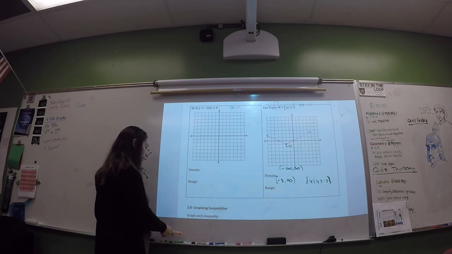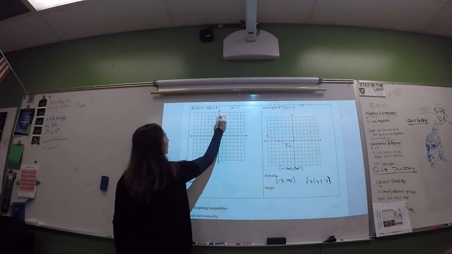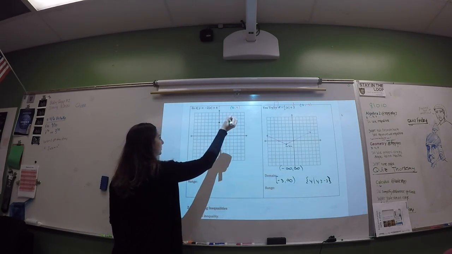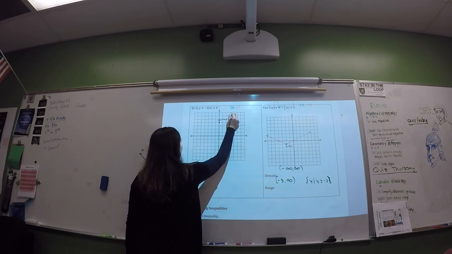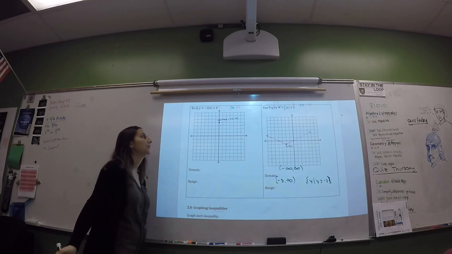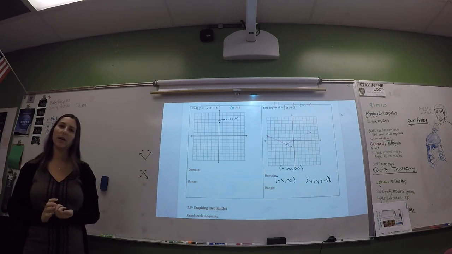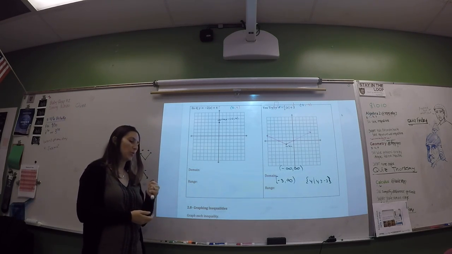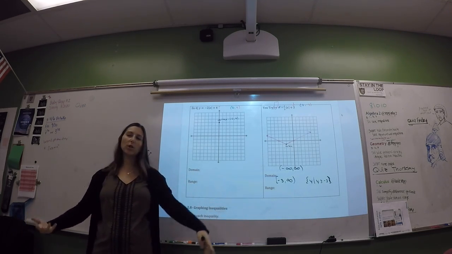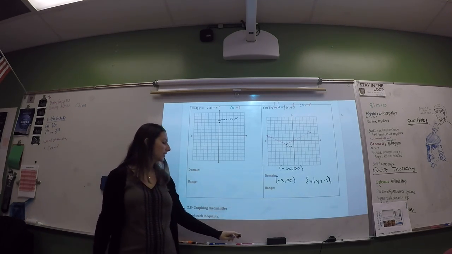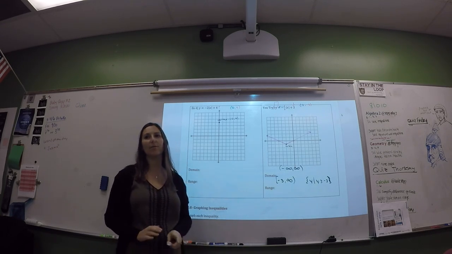So 0, 4 is our vertex. The rest of this is going to go down. You're still going to use the slope the same way. You're just going to make it go down instead of up.